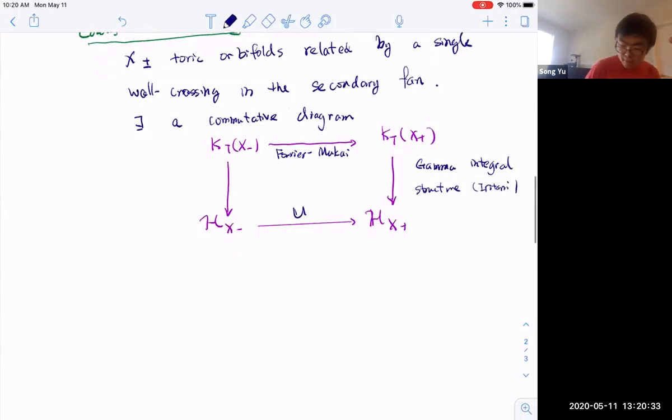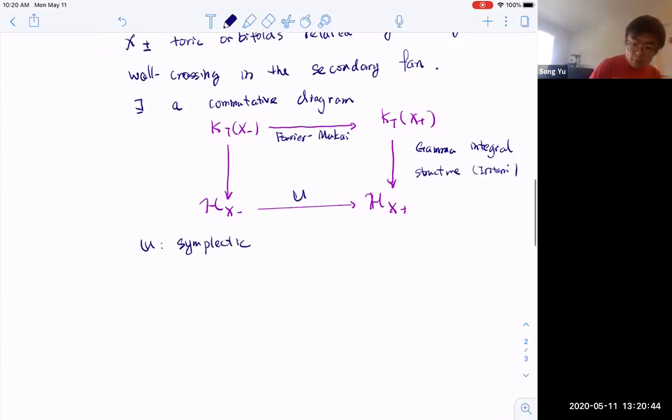So the result is that we have a map U, which is symplectic, and also linear in the equivariant parameters.